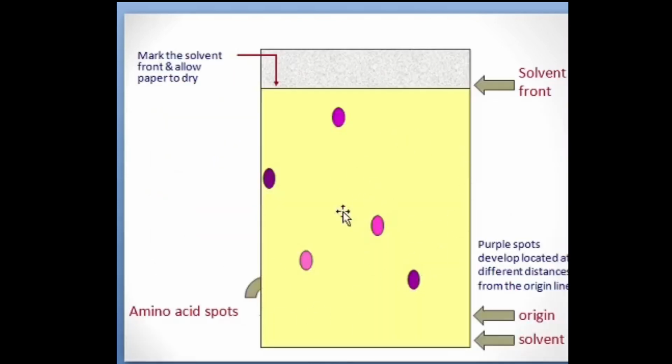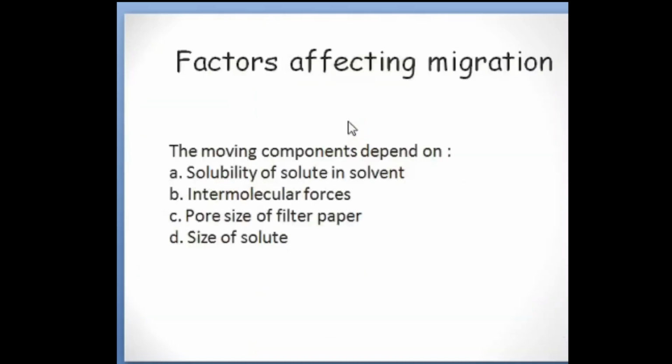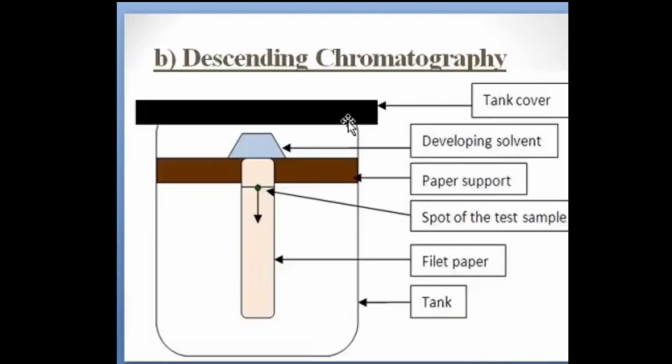When we stain it, we will get different colors where that analyte which we want to check is carried by the solvent. So we will get different colors where that analyte is carried away. So that was for ascending chromatography.